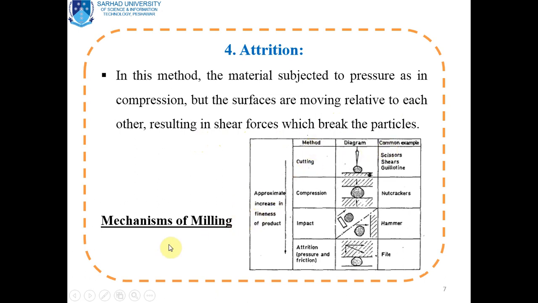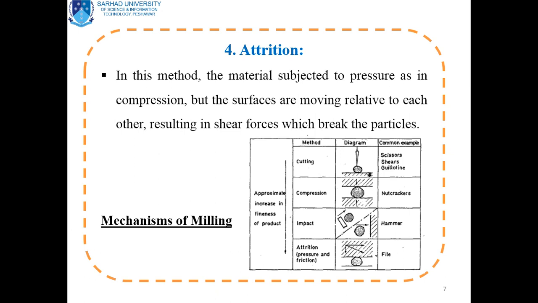And this is the table for the mechanisms of milling. The fineness of product increases from top to bottom. By cutting, the fineness is lower, then compression, and impact, and so on.